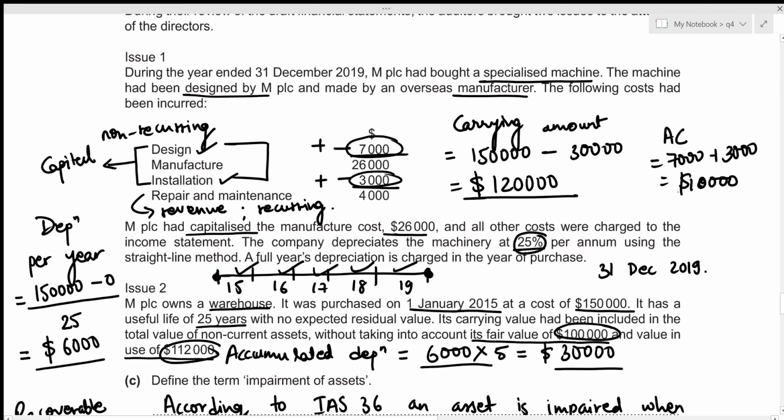So in order to figure out our additional depreciation, we can just charge 25% to this value of additional capital, right? So that would be additional depreciation, will be additional capital of 10,000 times the depreciation rate of 25%. So this gives our additional depreciation to be charged or adjusted to our profit for the year to be 2,500.